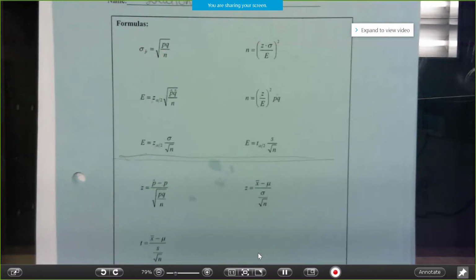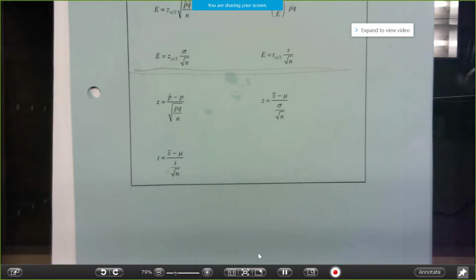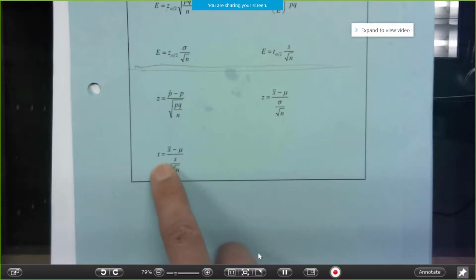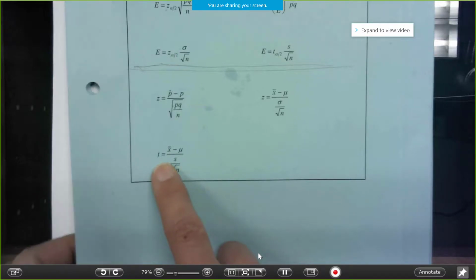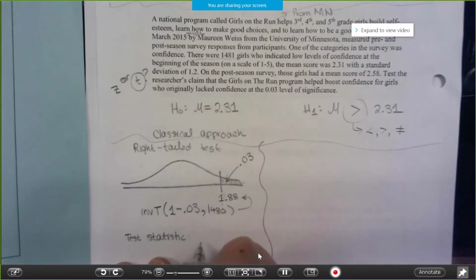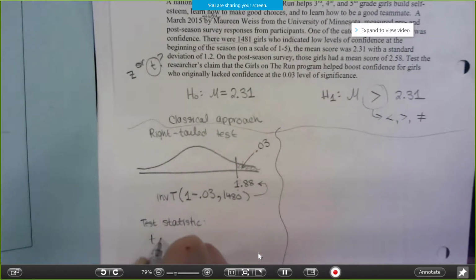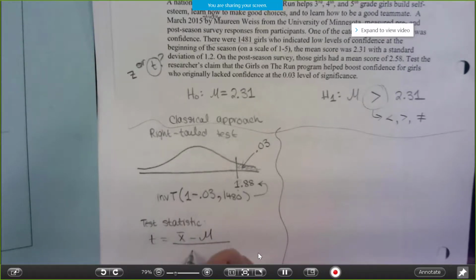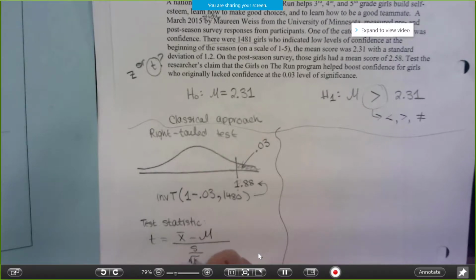Is the formula I'm using going to be in the top half or in the bottom half? The bottom half. So which of these three am I going to use? Right, we're using the t-distribution, so it better be the one with the t, right? So x bar minus mu over s divided by square root of n.